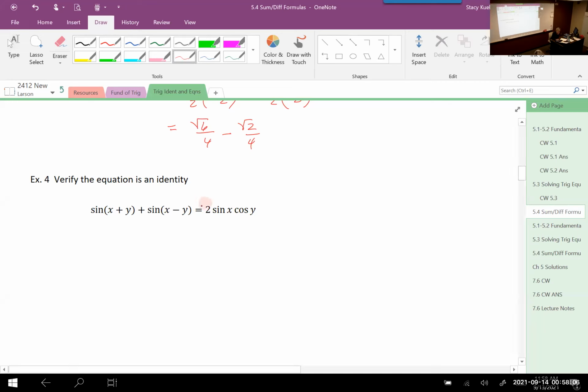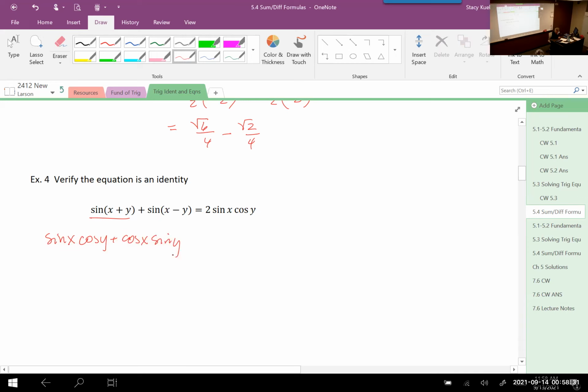So let's again start with the left-hand side. Sine of x plus y. That's our new identity we just said. So that's going to be sine x cosine y plus cosine x sine y, right? Correct? That's just an application of our identity we just used.